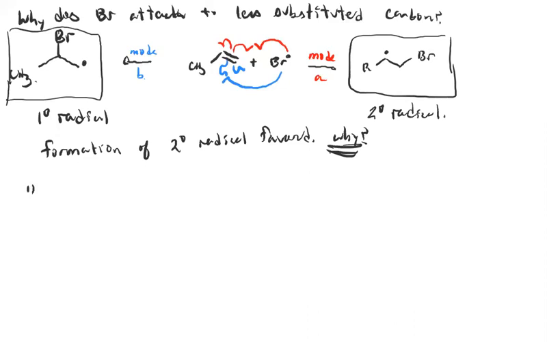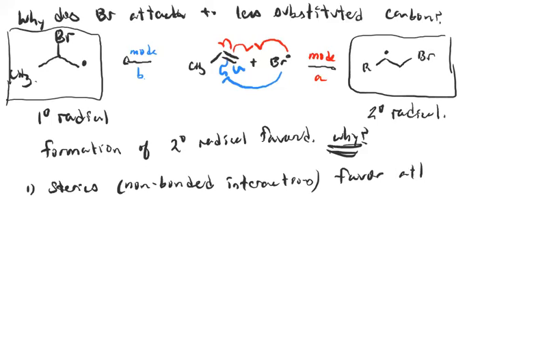So we call that sterics. So sterics, or non-bonded interactions, favor attack of Br dot at the less substituted carbon.